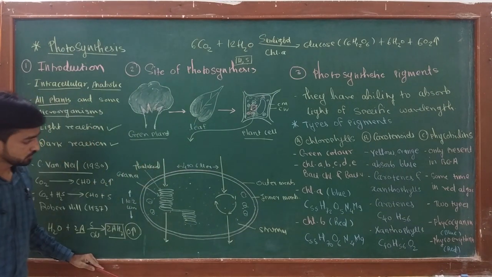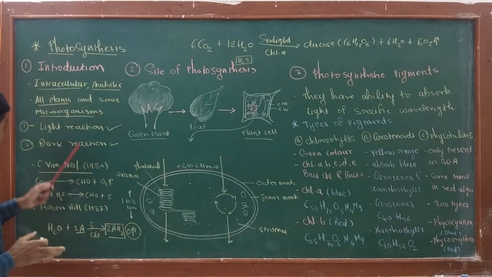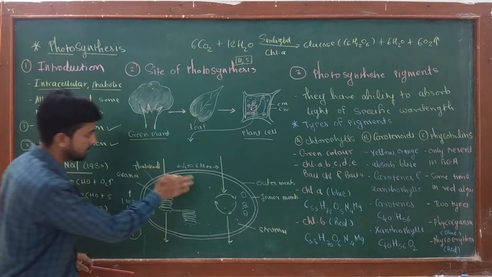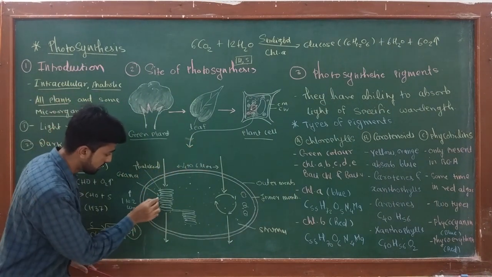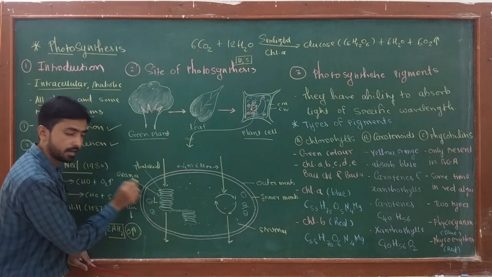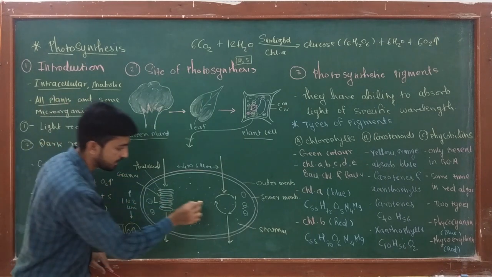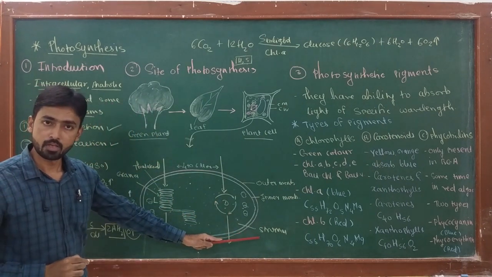Thylakoid. As I already told you, the photosynthesis process occurs in two different steps: light reaction and dark reaction. Inside the chloroplast, the light reaction occurs in grana, while the dark reaction occurs inside the stroma.